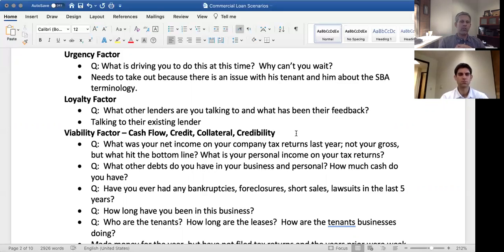In this particular situation, he needed to take this out because there was actually an issue with the tenant. When he had booked an SBA loan, what he didn't realize, because he occupied it originally, was that there was a UCC filing on all of the equipment that the lender put on there, which is just another fancy name for Uniform Commercial Code to try to lien equipment.